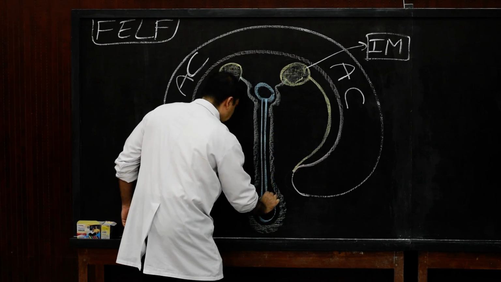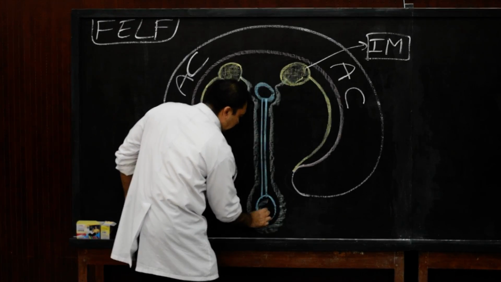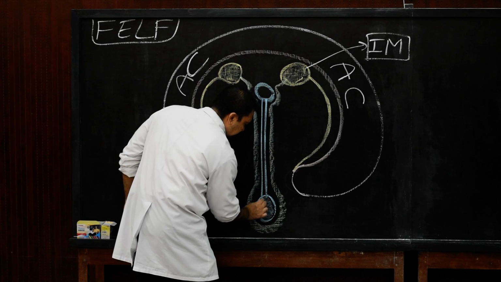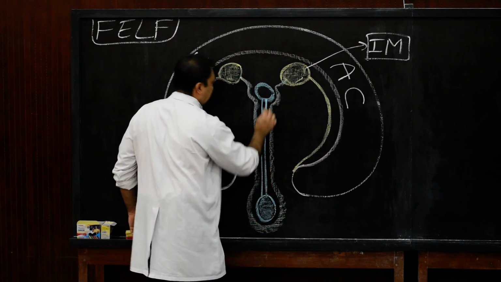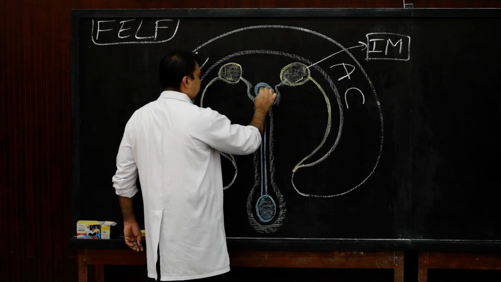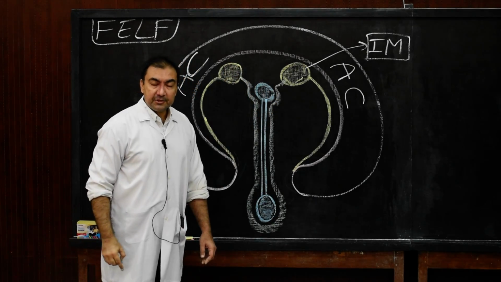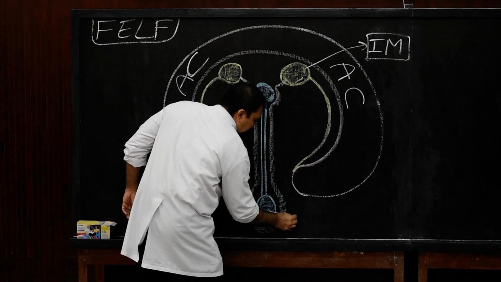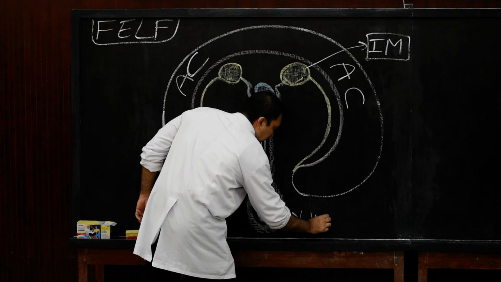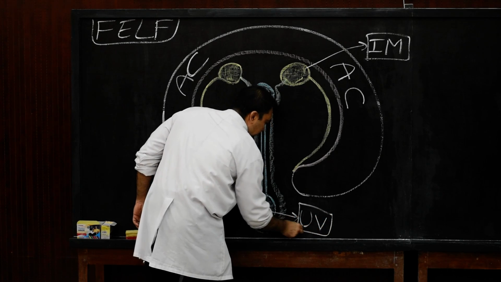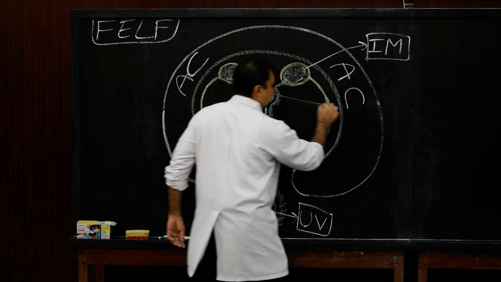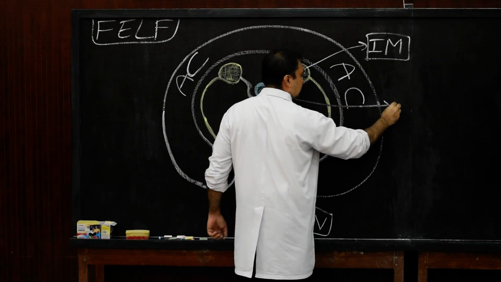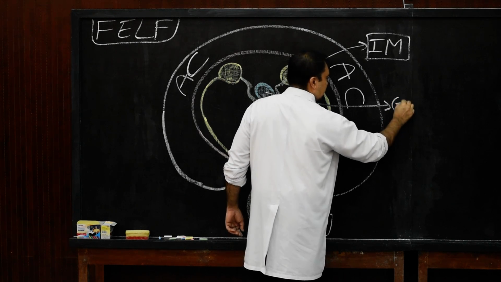And therefore, by this time you must have realized what is this structure which I am coloring. This is umbilical vesicle. And what is this structure which I am coloring? This will be the primitive gut tube. So therefore, we will name this structure as umbilical vesicle. Very simple, do not complicate. And we will name this structure here as the gut tube.